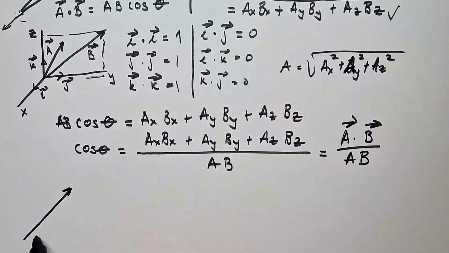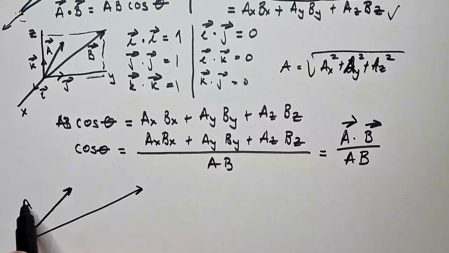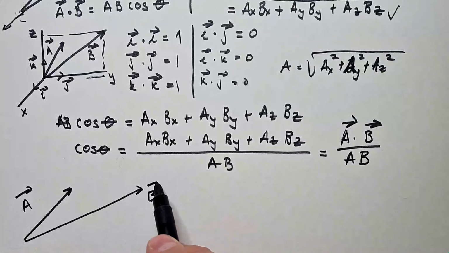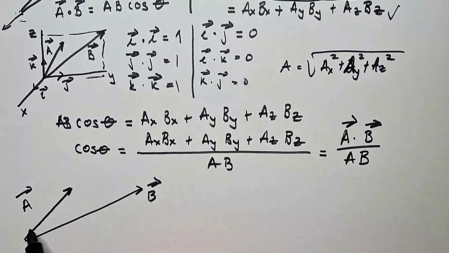Let me plot this again. Here is vector A, here is vector B. If I make a projection of vector A, how do I make projection? I start from B and I go to the head of vector A, where this is a right angle.